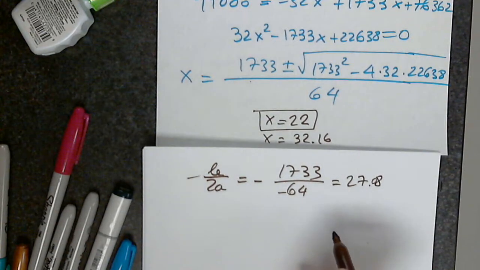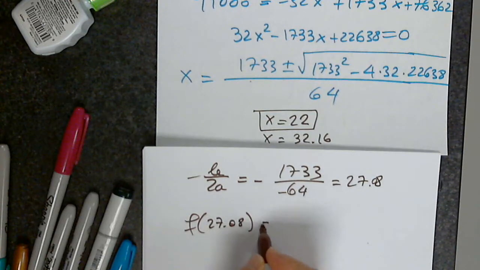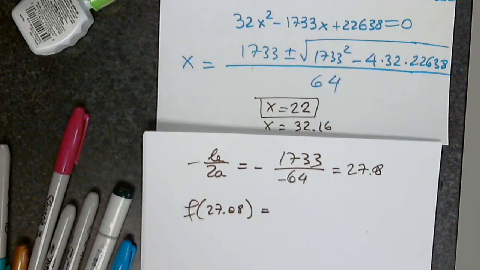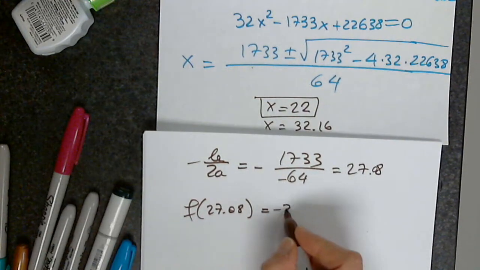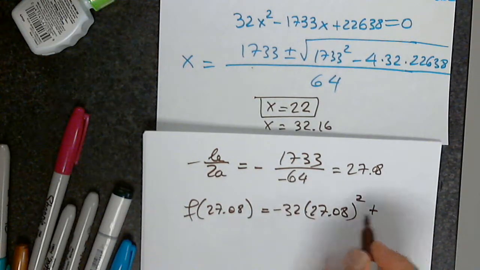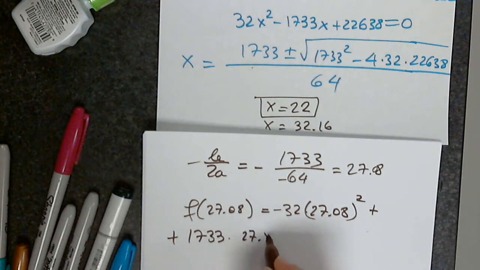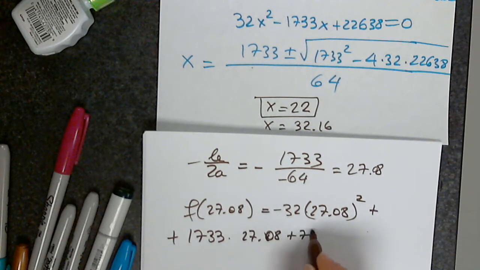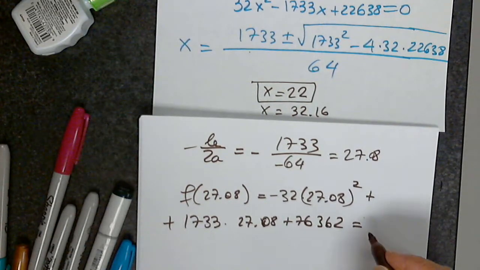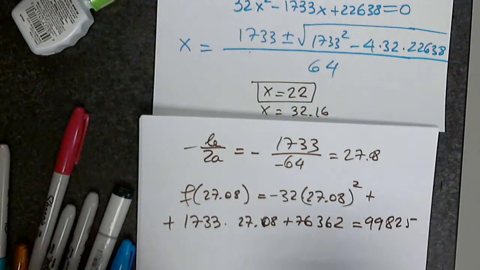And then I have to find the maximum by finding f of 27.08. Let me write it first: negative 32 times 27.08 squared plus 1733 times 27.08 plus 76,362. How much was the maximum? 99,825.